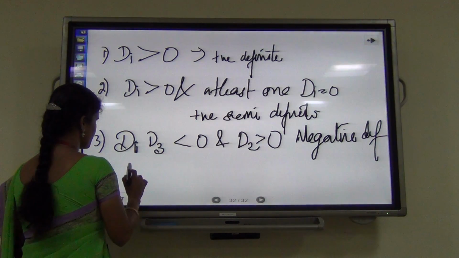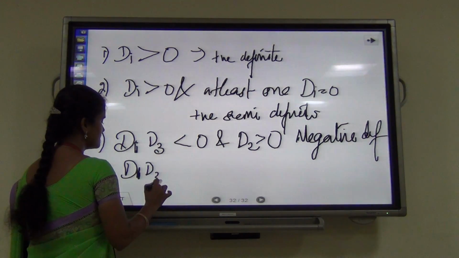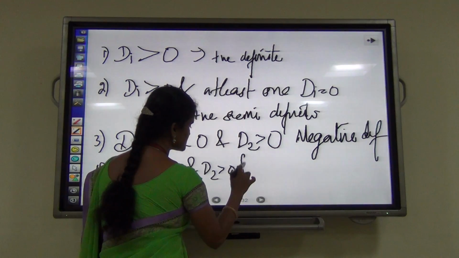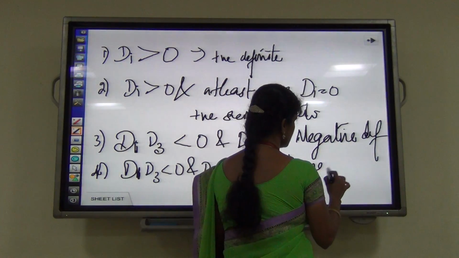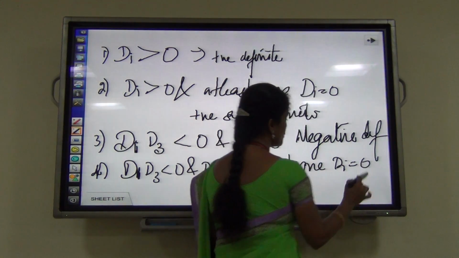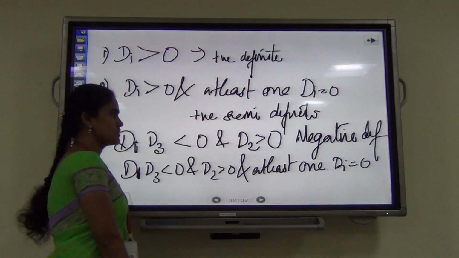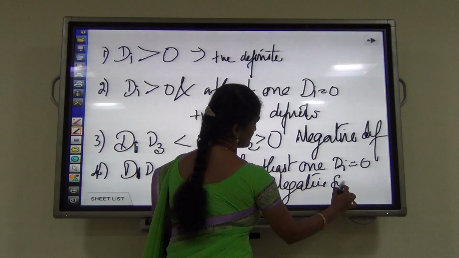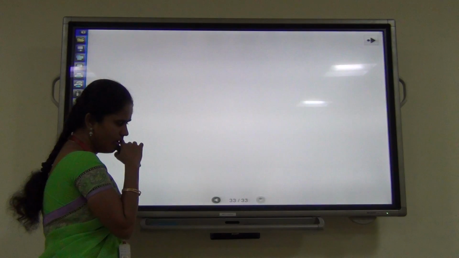And the fourth case is D1, D3 less than 0 and D2 greater than 0, and at least one Di is equal to 0. Among D1, D2, D3, if any one Di is equal to 0, we call it negative semi-definite.